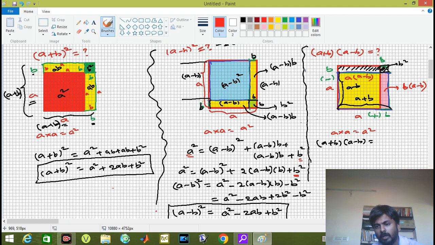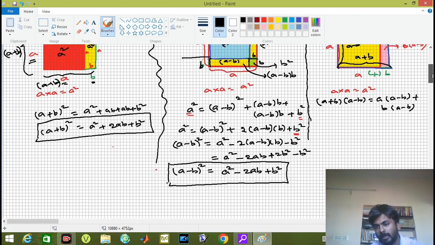So we can write that the area of the total rectangle is the sum of A into A minus B plus B into A minus B. It can be found very easily that A into A is A square, minus AB, plus AB, then minus B square.